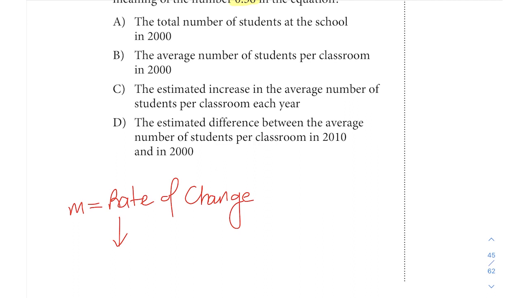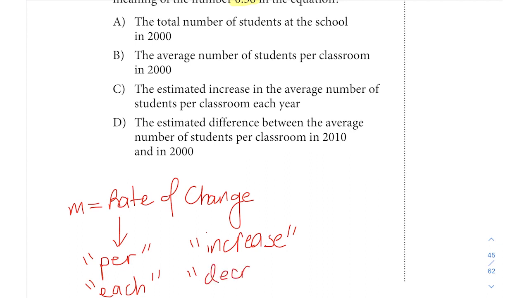So for rate, that means that you're very often going to see words like per or each, which indicate that something is a rate, that it's going to be looking at how quickly something is moving. And for the change, we're very commonly going to see something that indicates an increase or a decrease.